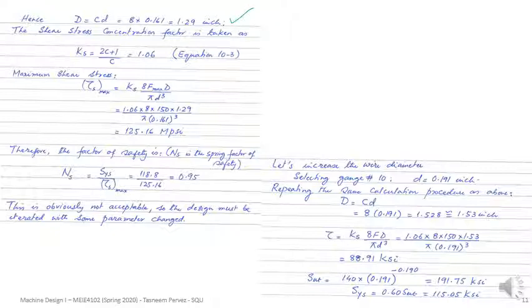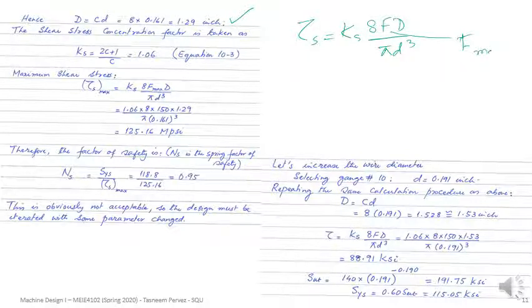And I go to the equation which is tau S is equal to K S 8 F D divided by pi d cube. And I'm going to use here the maximum force, F maximum.